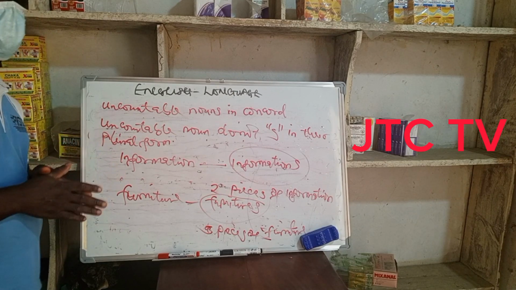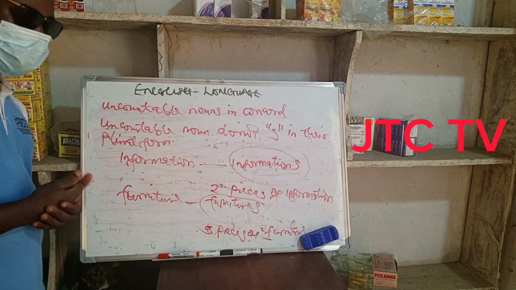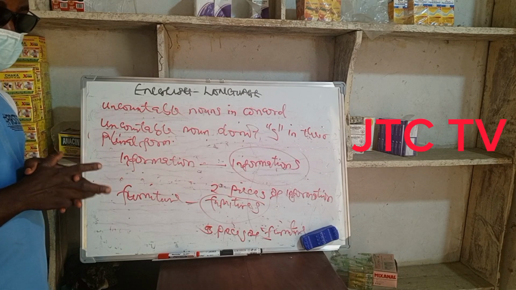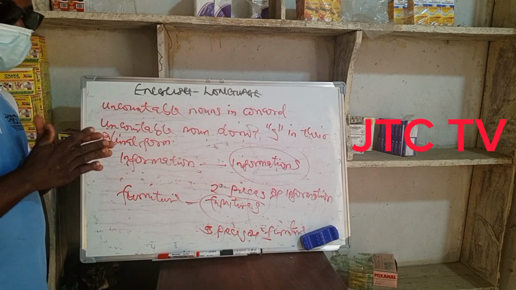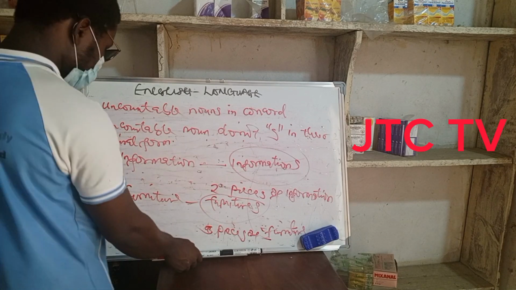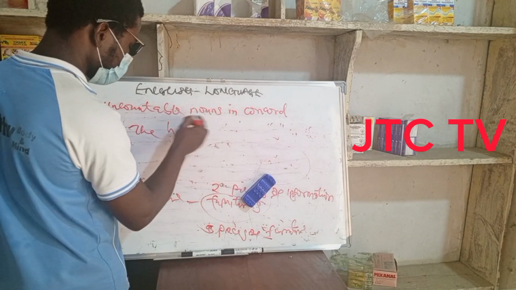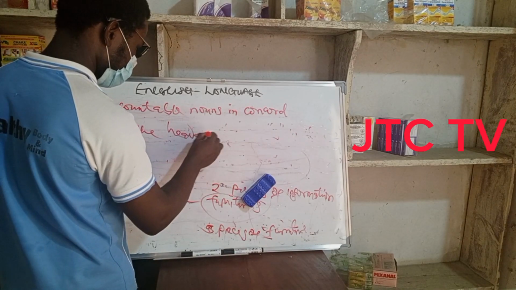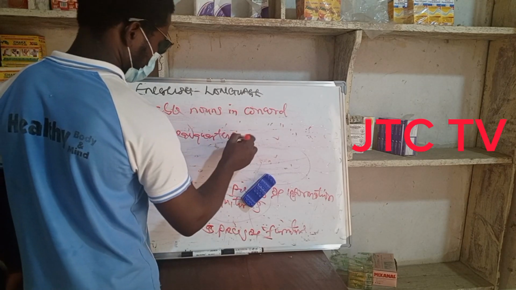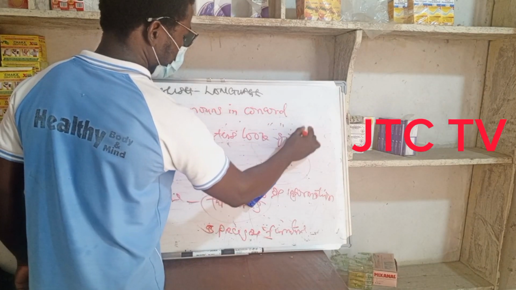Okay? So now, in concord, an uncountable noun must follow a plural verb. It is very important. When an uncountable noun appears in a sentence, the plural verb comes in. For example, we have the headquarters. The headquarters look good.